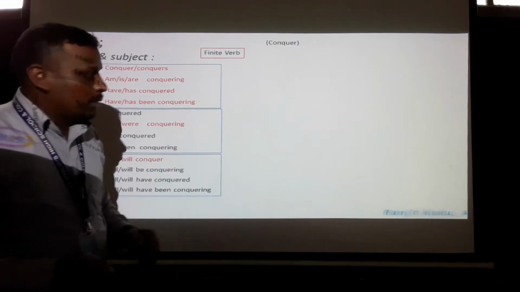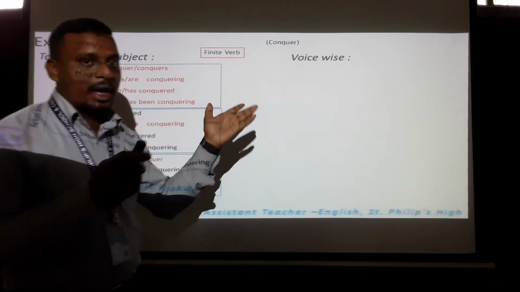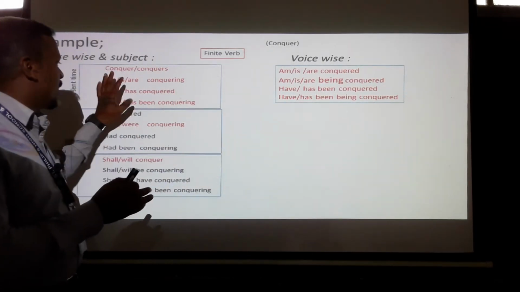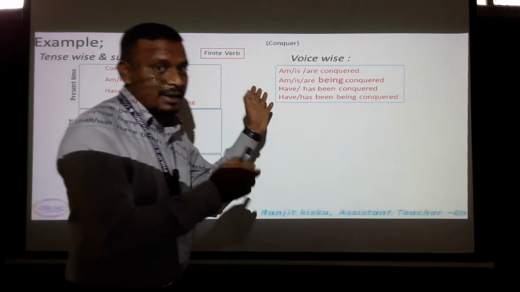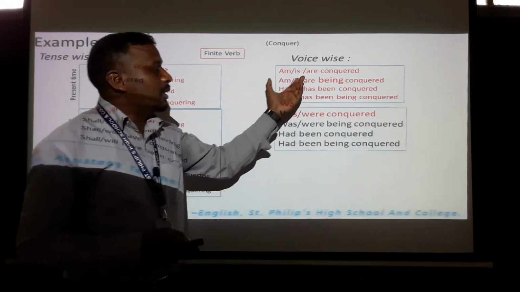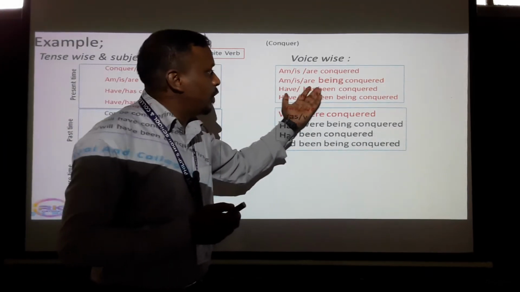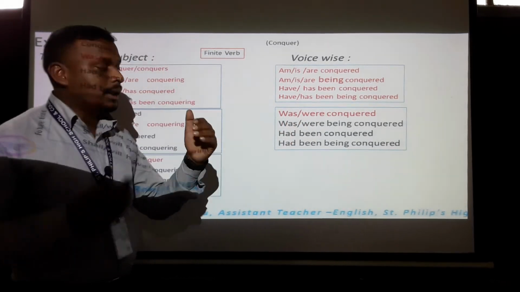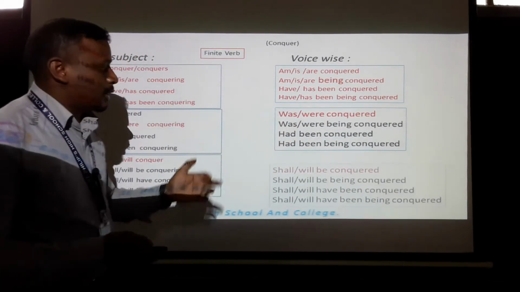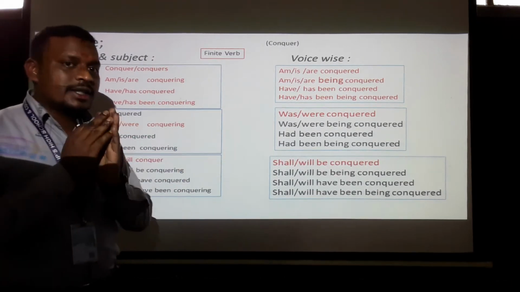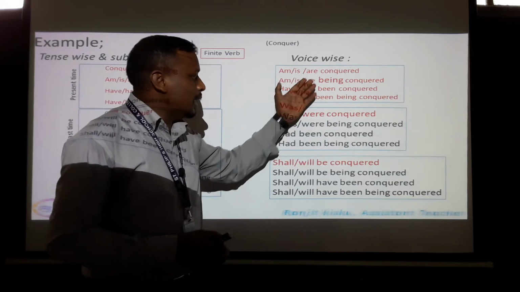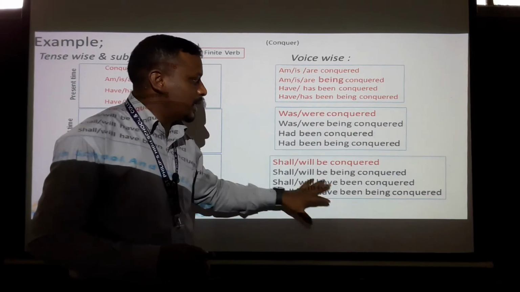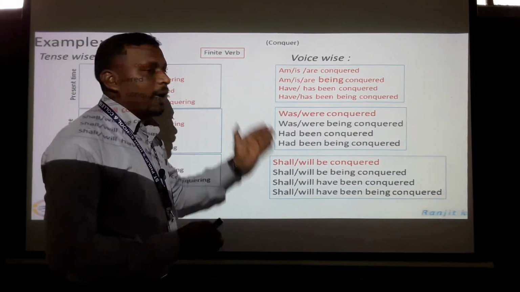Now we'll see the changes as per voice. Got it? As per voice, we also get the same changes as per tenses. So in the present tense, we'll get 4 changes according to voice. In the past time, we also get 4 changes. Got it? So in the future, the actions are the same. Just we'll change the verb form. So dear learners, you can see the changes of a finite verb in the verb part. Got it?